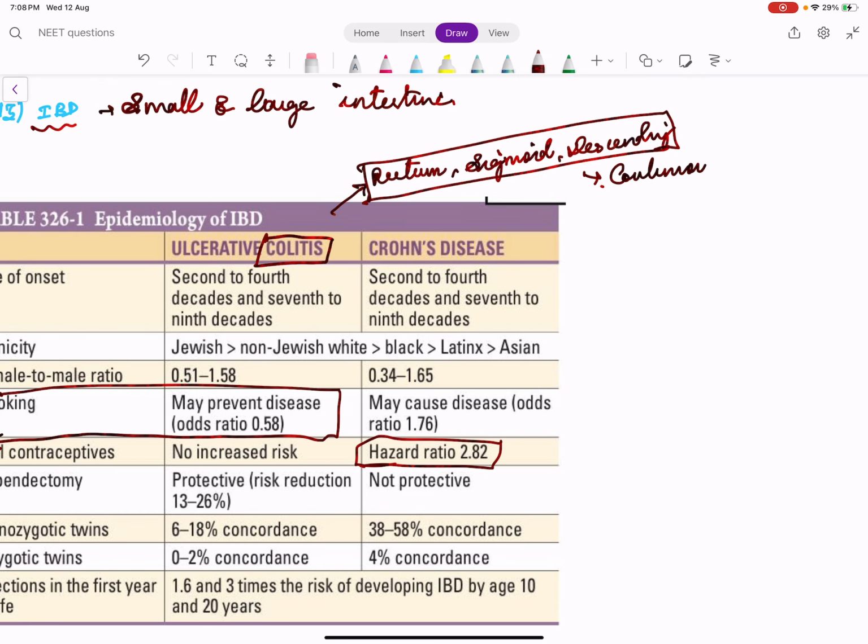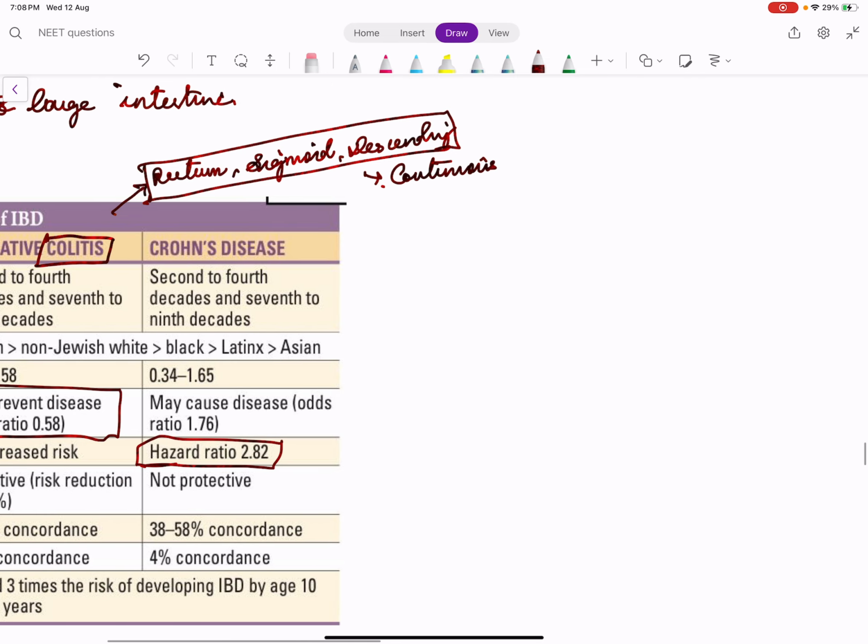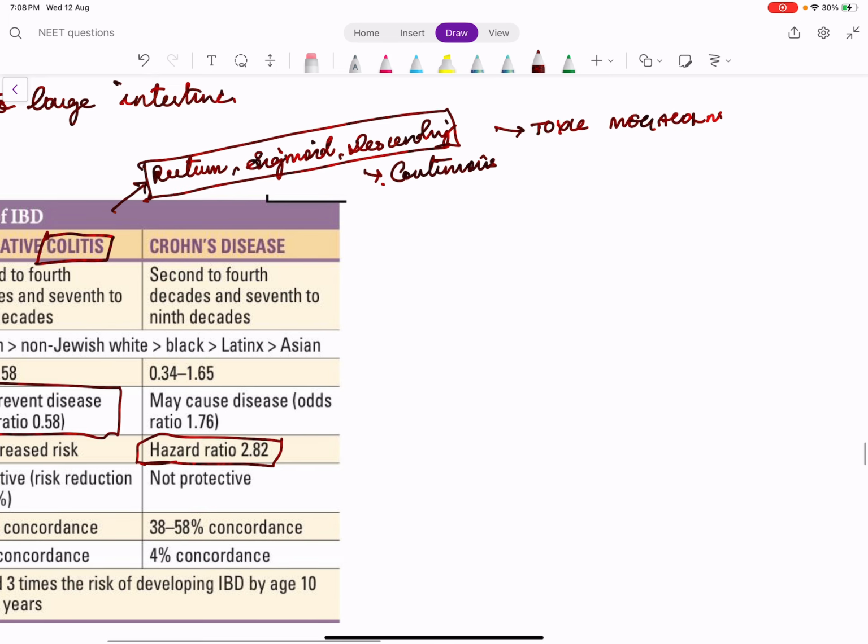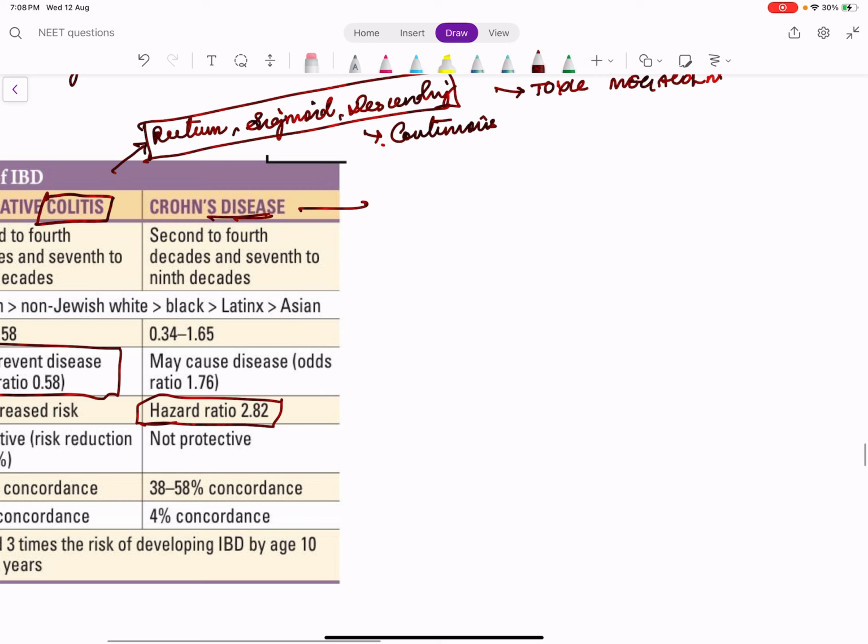So the entire distal colon is involved, right? That is why we have a picture called toxic megacolon. In Crohn's disease, what is typically involved is the anus and ileum. In the anus, it can cause anal tags, which is a clinical sign which you have to pick up.